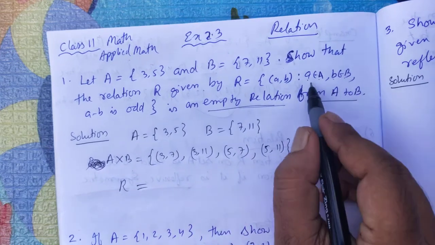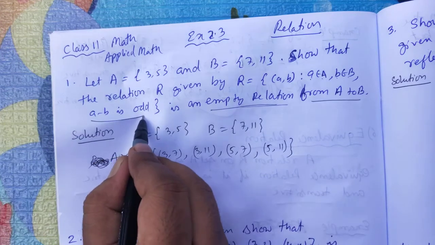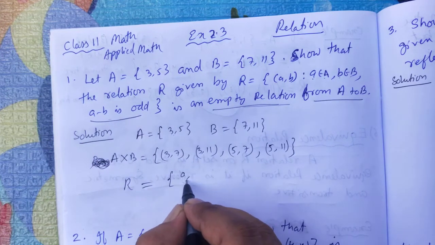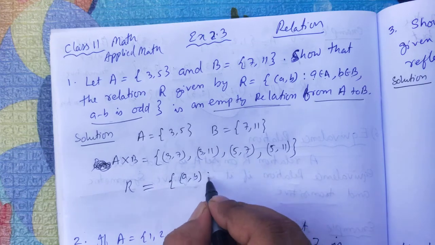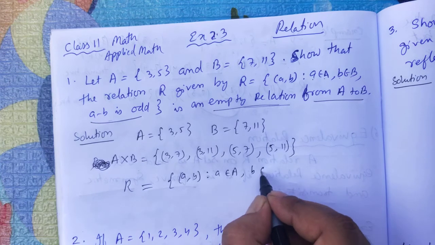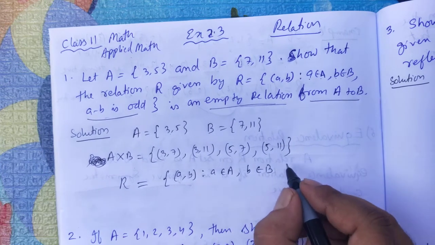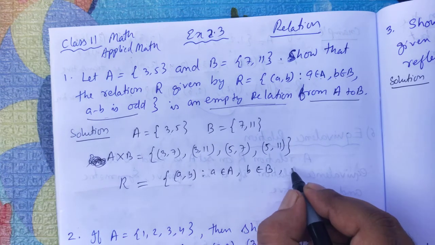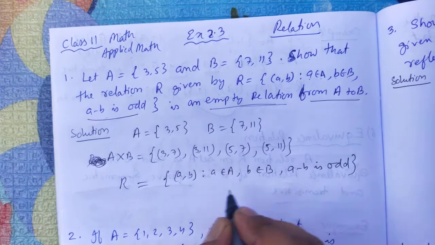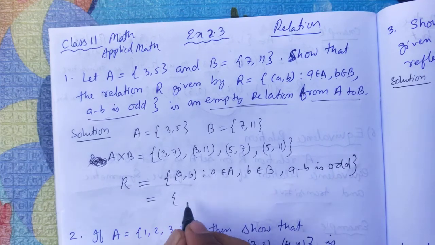The condition of the relation is a minus b is odd. R is what? R = {(a, b) : a belongs to A, b belongs to B, and a minus b is odd}. Find out.